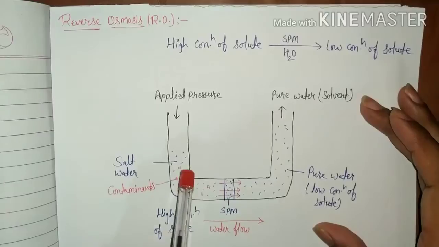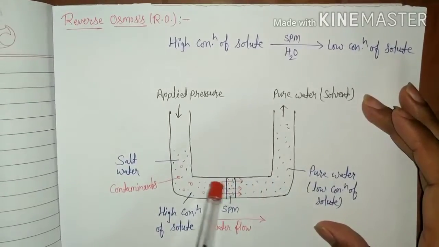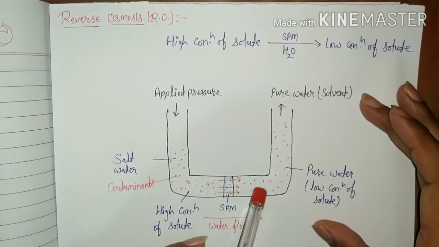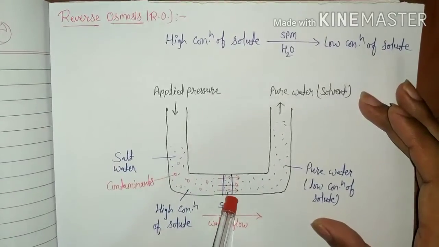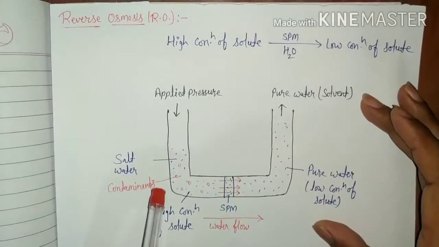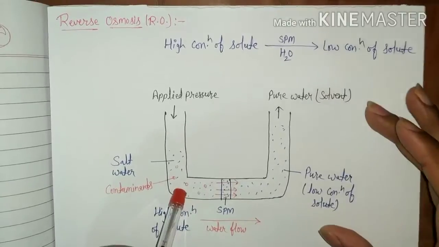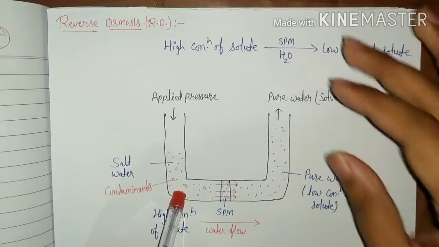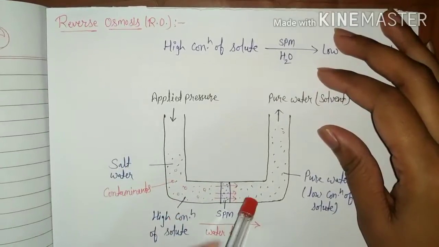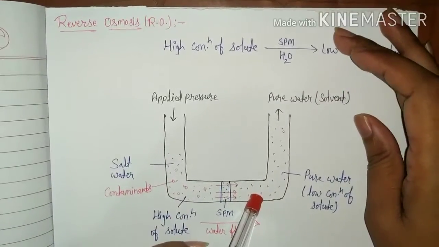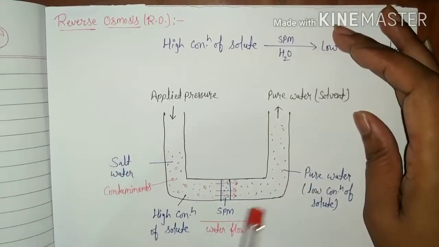There are two solutions, and these are separated by a semi-permeable membrane. On the left side, a high concentration of solute is filled, and on the right side only pure water.